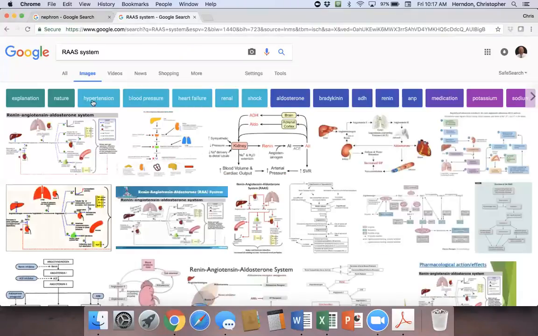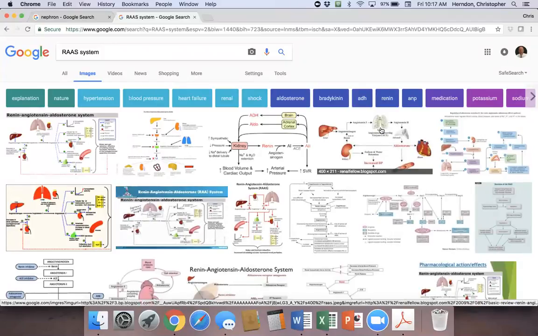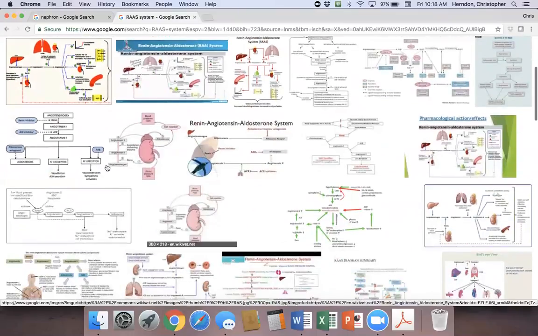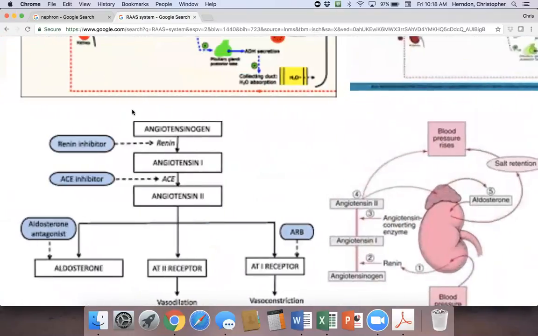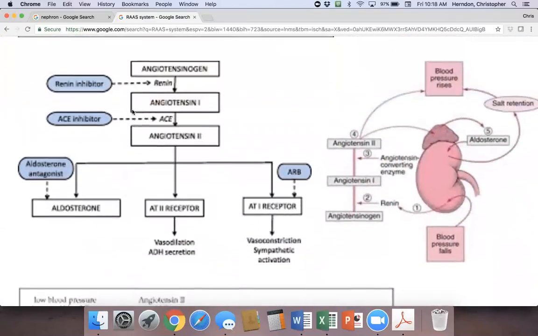I think, gang, as an APPE student... how come this won't come up? Did I lose my internet or what? Good enough. All right. So there's your RAS system.